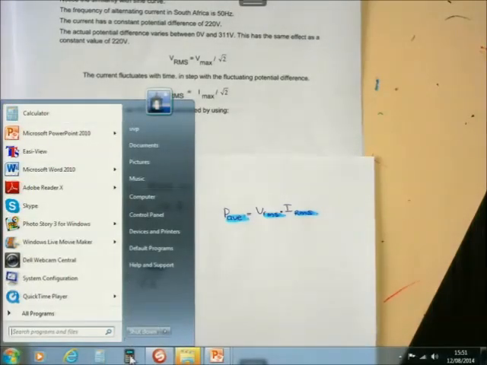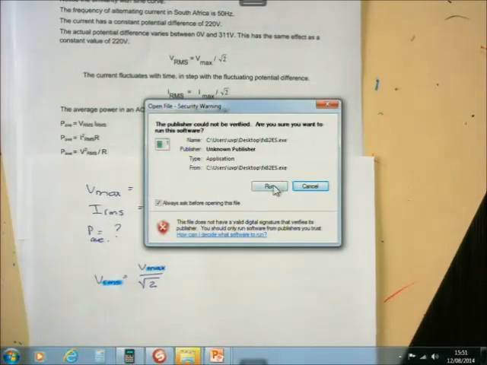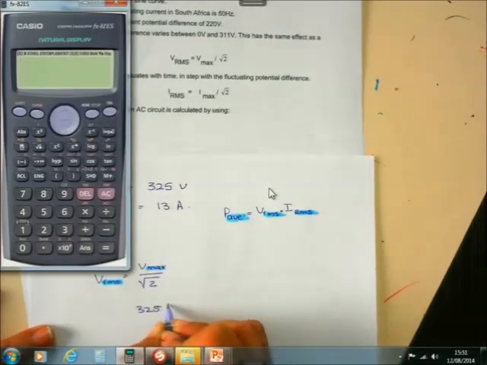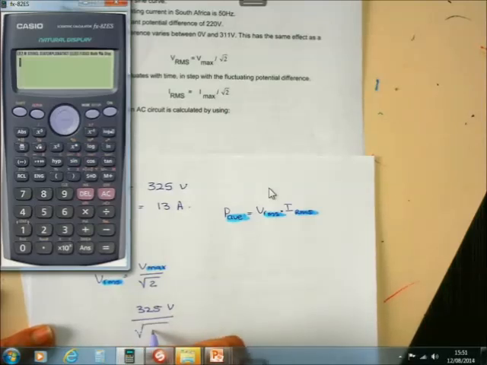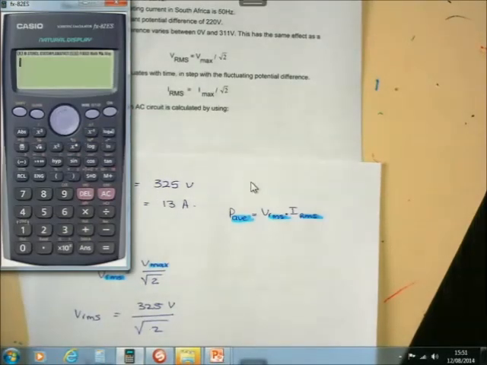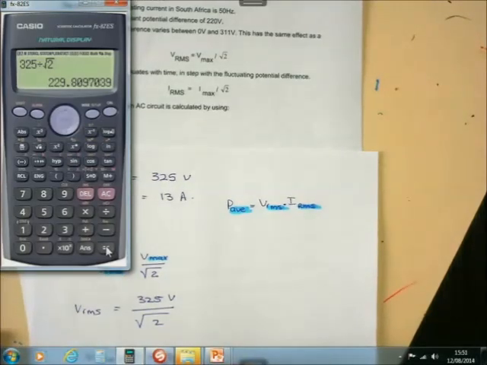Right, now let's quickly find the calculator. So, VRMS is equal to Vmax, 325 volts, over the square root of 2. 325 divided by the square root of 2 is equal to 229.81 volts.